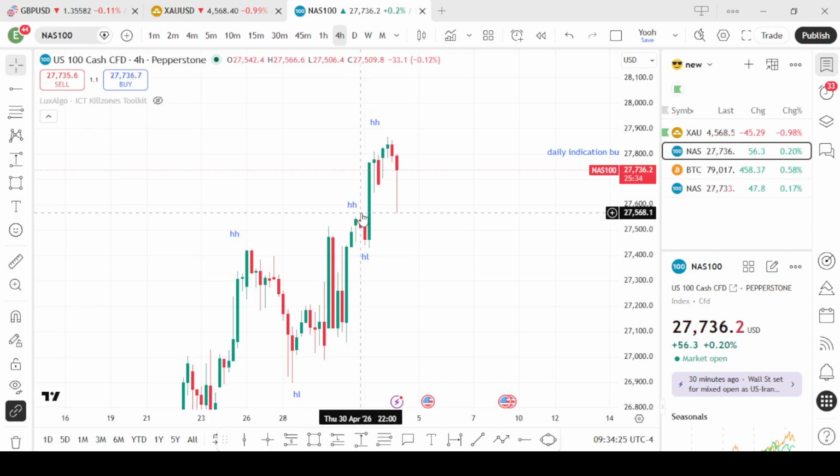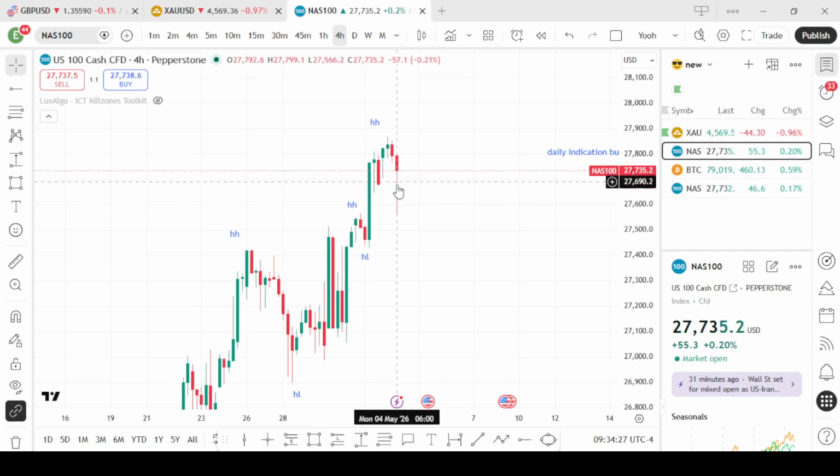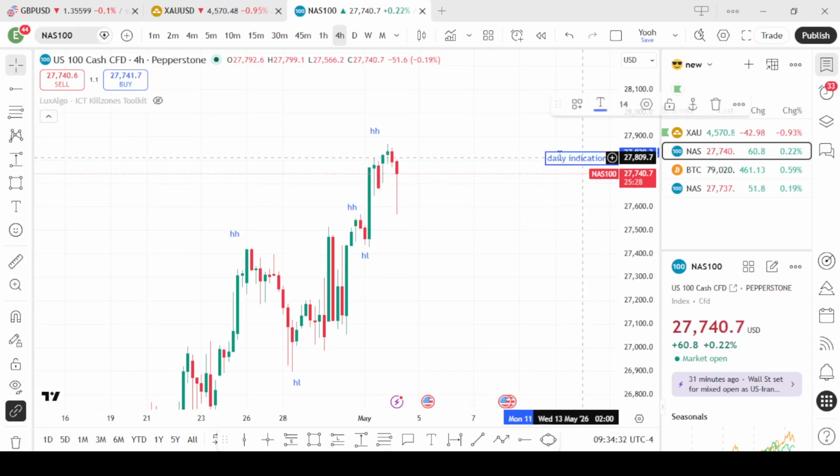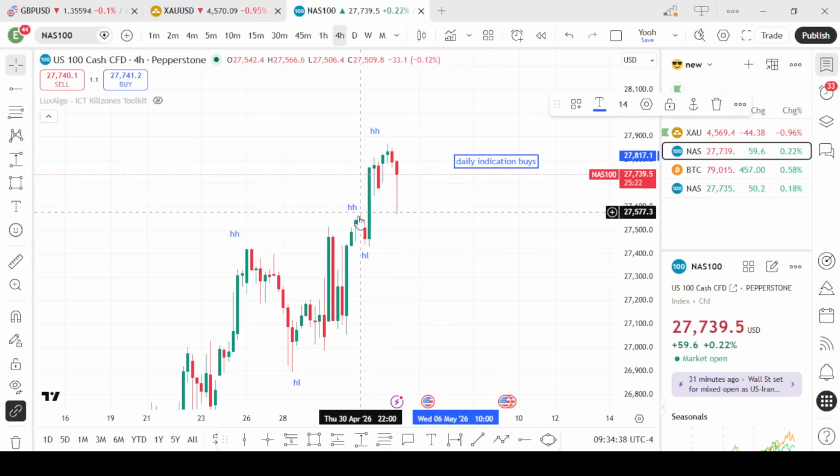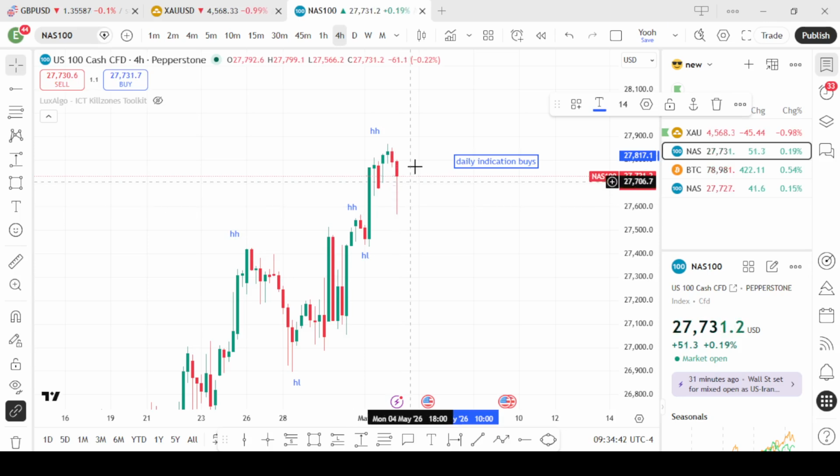If we are to enter, this is a very good indication of buys, because on the 4-hour this is our indication, since it's higher than this. Now we are correcting. Now we expect a continuation.